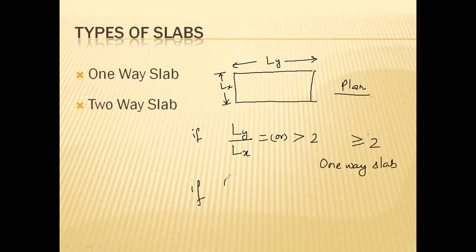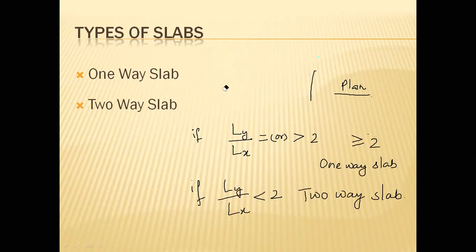And if Ly by Lx is less than 2, then the slab is called two-way slab. So this is the basic idea between one-way slab and two-way slab.